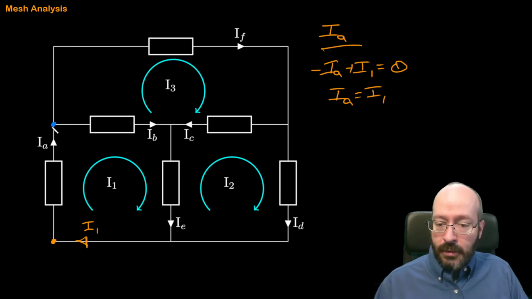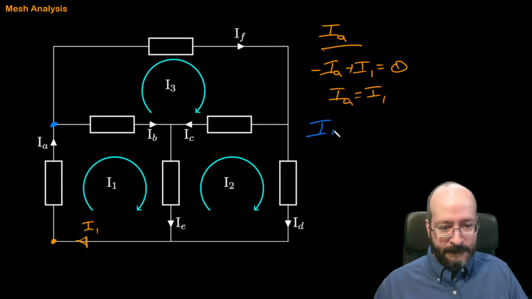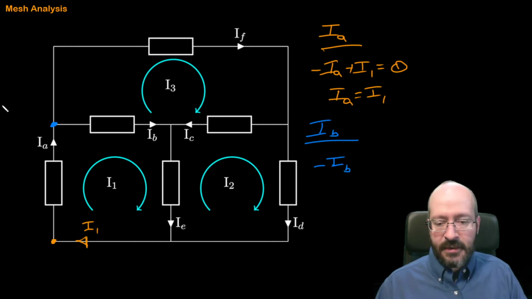Okay, let's go blue. Okay, so IB is leaving the blue node. And then the other currents I want to think of in terms of the mesh currents. So I3 is flowing around the mesh this way. As it leaves this, well, it's leaving the node, right?